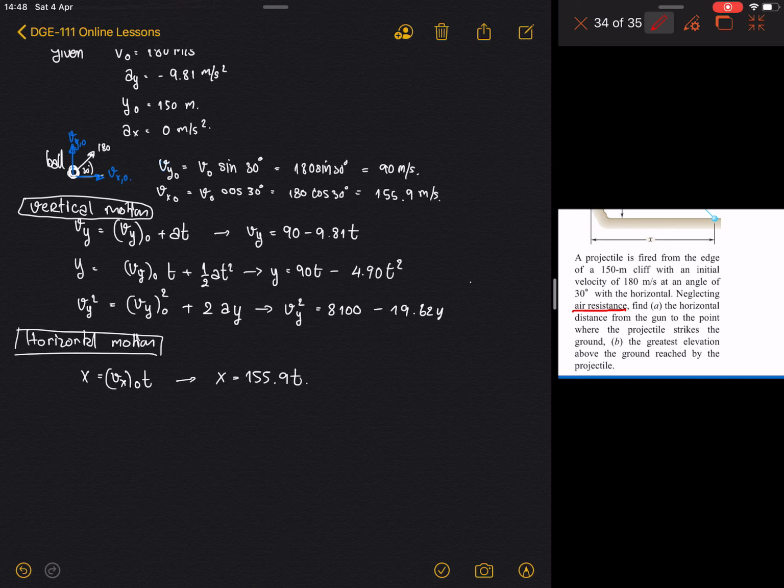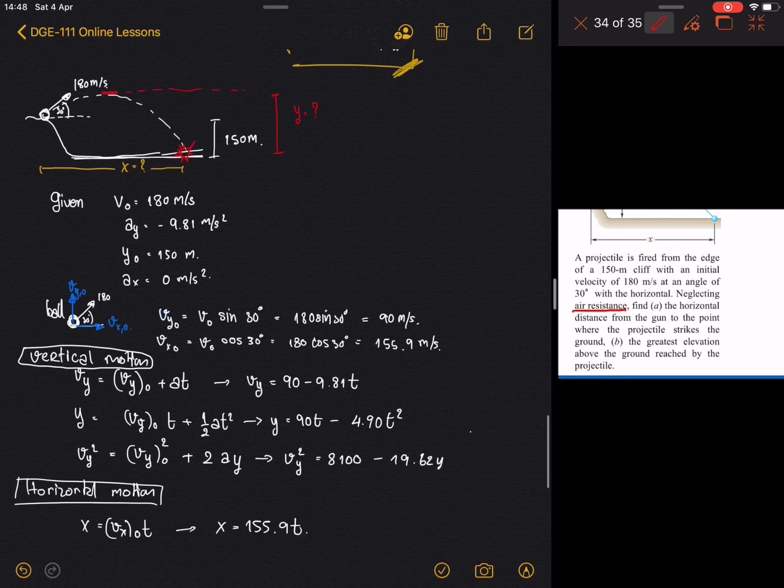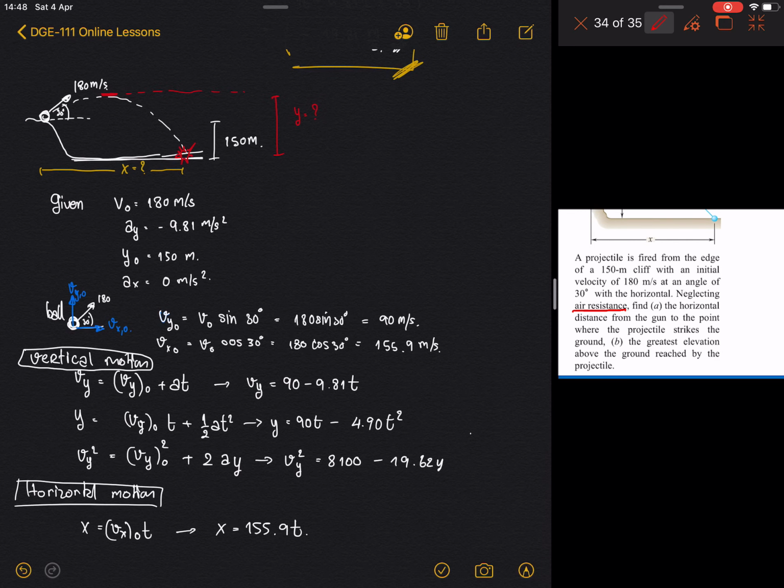Okay, so what about the horizontal distance? If you remember here, this is our axis, so we have y and x.